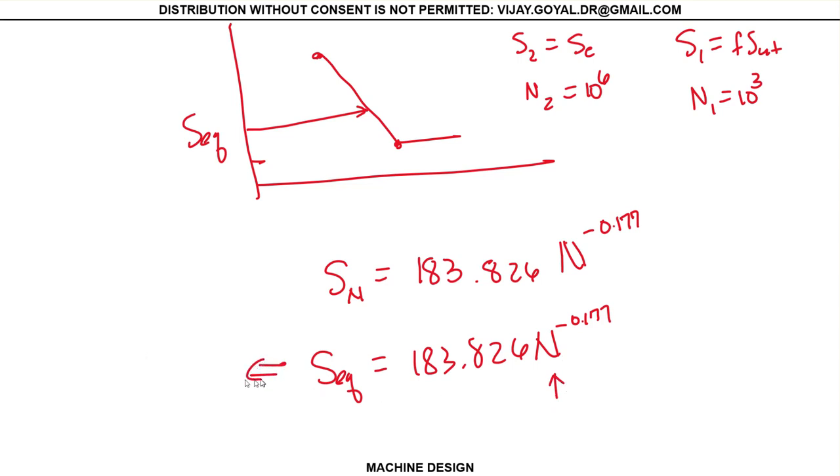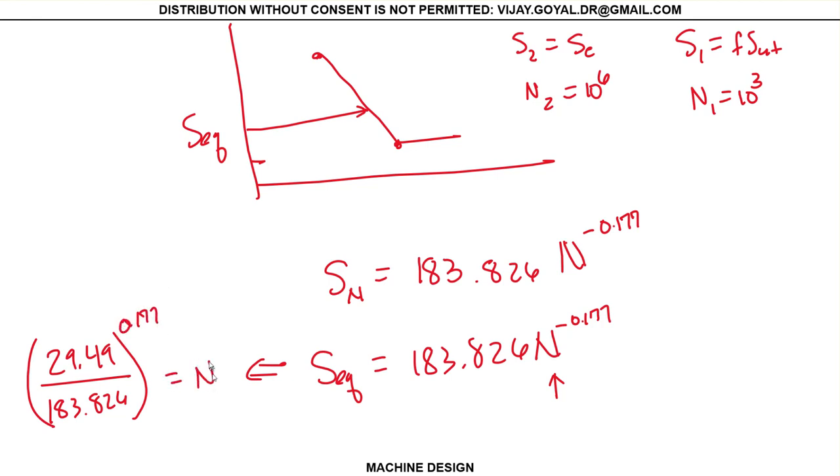So just to show you how to do this once, you take this value that was 2949, divided by 183.826, okay? And then you take this to the power of 0.177, that would give you N, okay?